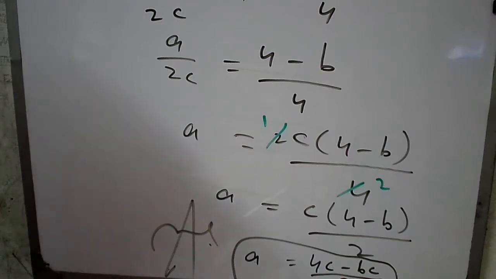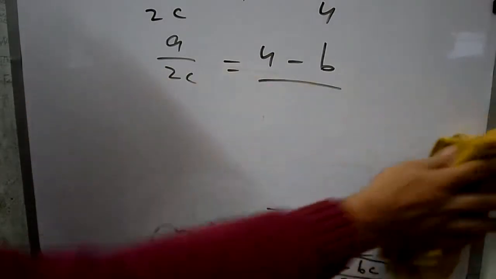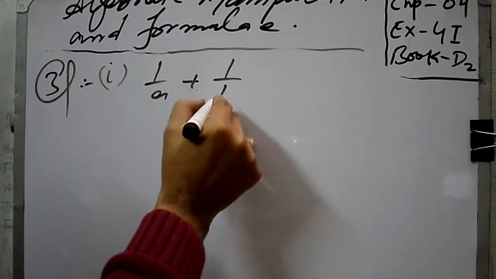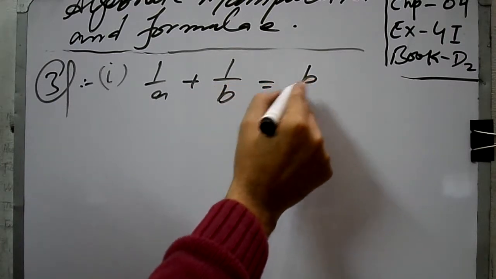Now coming to the I part. In I part, 1 by a plus 1 by b is equal to b by a.